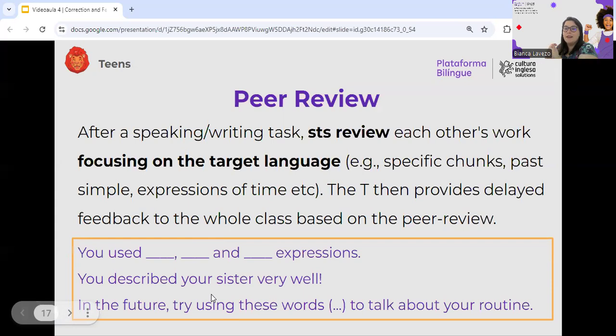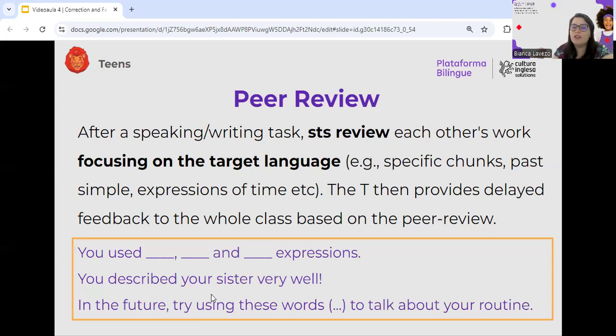So as Ana and João are talking, João says to Ana, Ana, you used when, while, and last night. Yeah? Or you used this, this, and that. And then for another activity, you can have, for example, you described your sister very well. You described your mom very well. If it's something that needs to be worked on, provide them with a chunk.